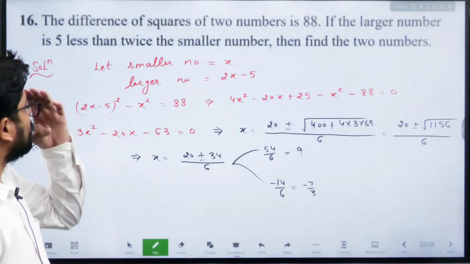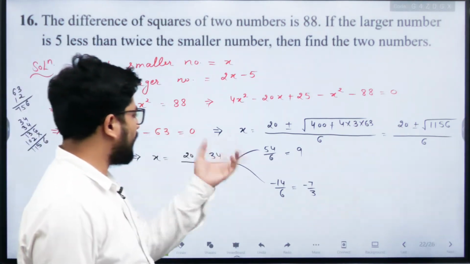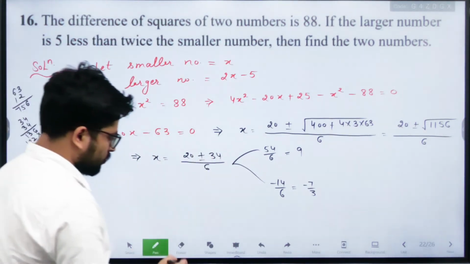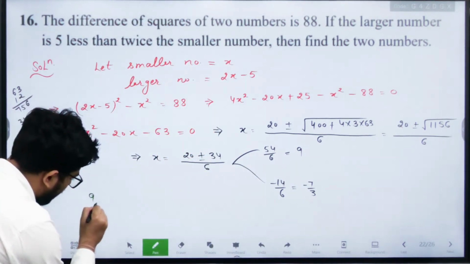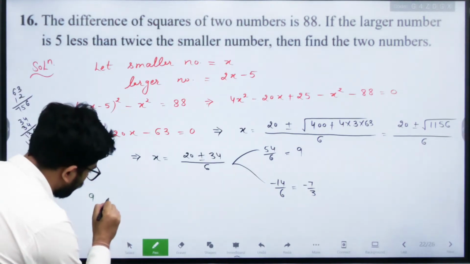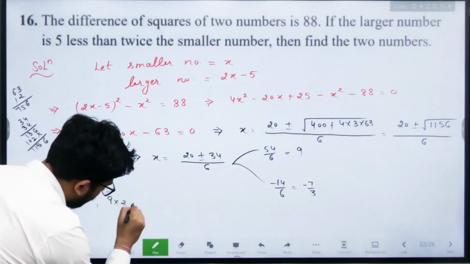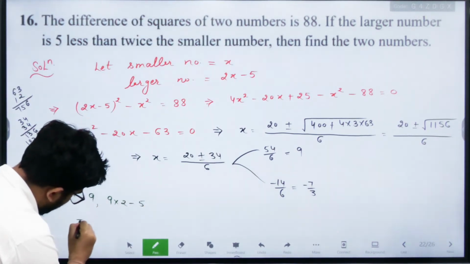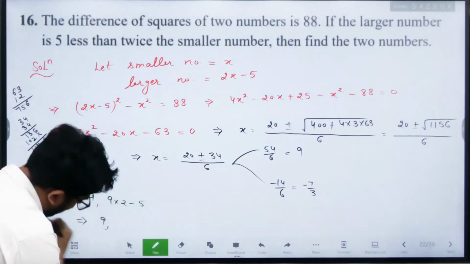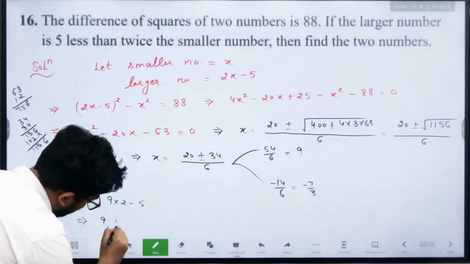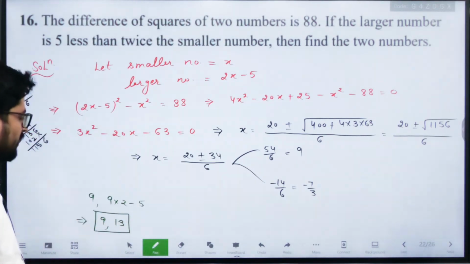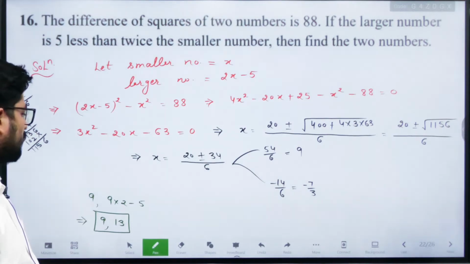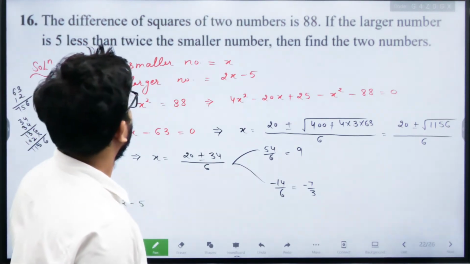Okay, so sir, find the two numbers. If x is equal to 9, one number is 9 and the second one is 9 into 2 minus 5. So from here you can say the two numbers are 9 and 13. Got it?